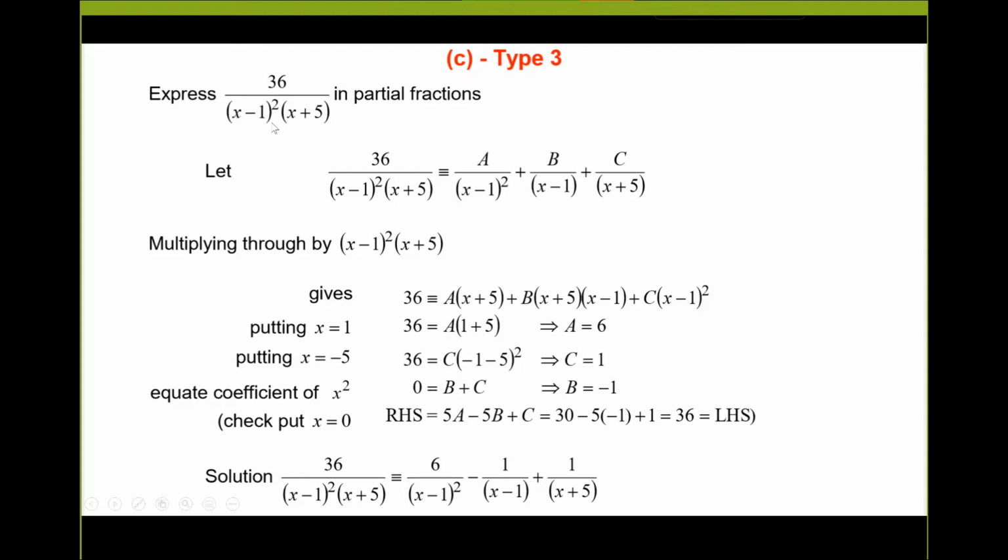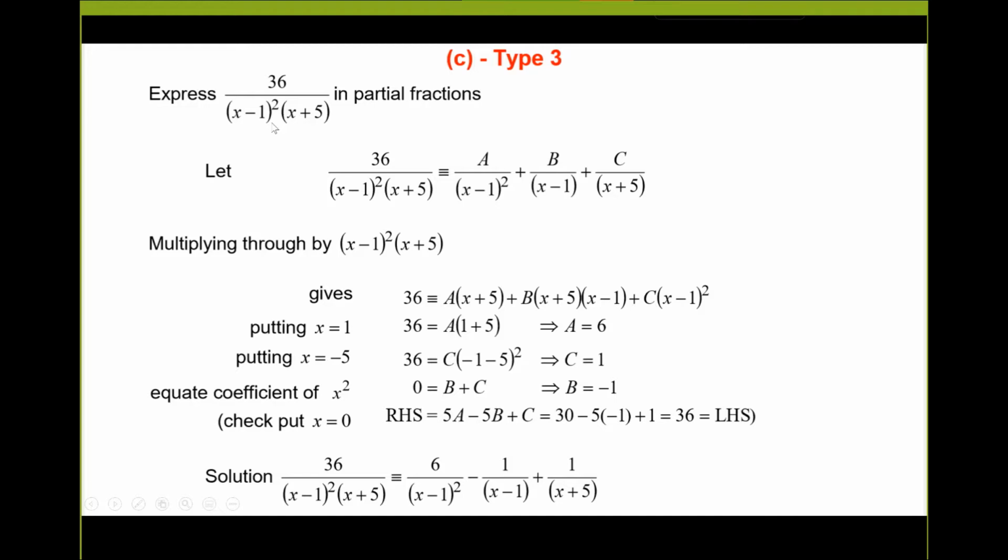Okay, then we can set the numerators equal to each other. And then solve for a, b, and c using any method you want. Okay, if I plug in x equals 1, that will get rid of this term with a b and this term with a c and leave it with just a equals something. So when x equals 1, this is 6 times a equals 36, so a is 6.